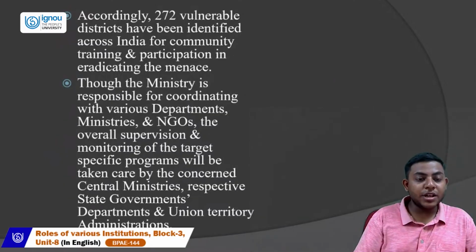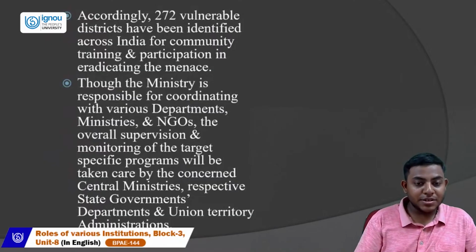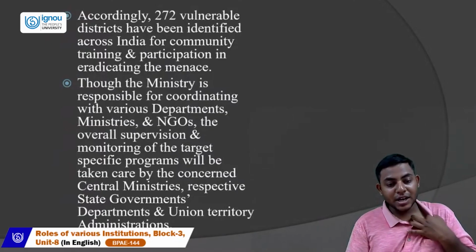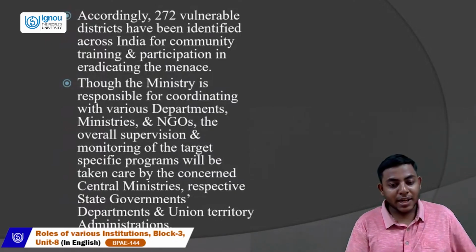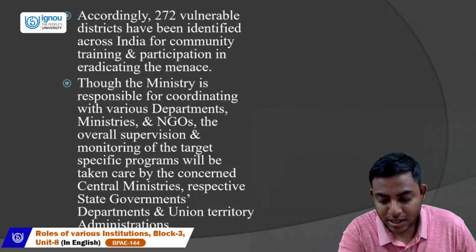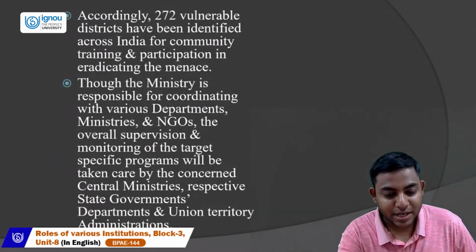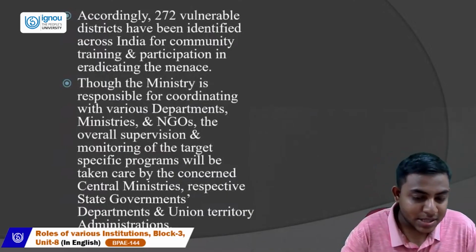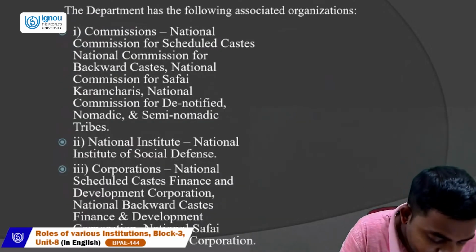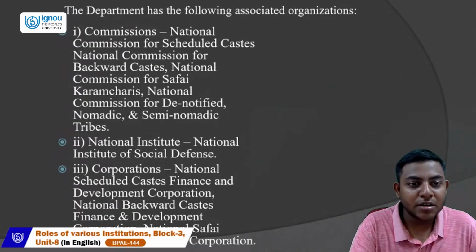Though the ministry is responsible for coordinating with various departments, ministries, and non-governmental organizations, the overall supervision and monitoring of the target specific programs will be taken care of by the concerned central ministries, respective state governments, departments, and union territory administrations.